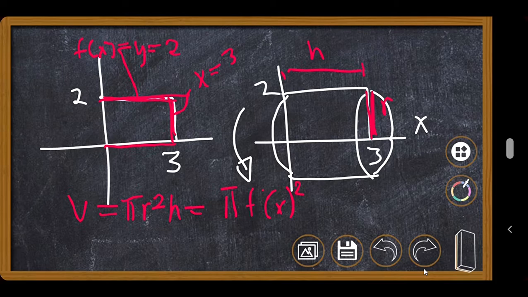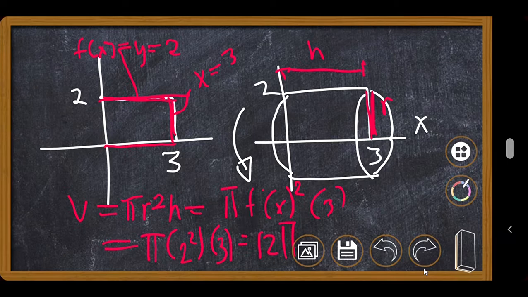And our height is just the same as the length of 3 units. Now we substitute our value for f of x, which is 2 squared times 3. We have 3 times 4, we have 12 pi cubic units, which is the same answer as before.